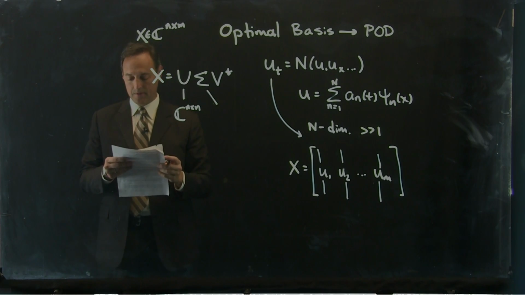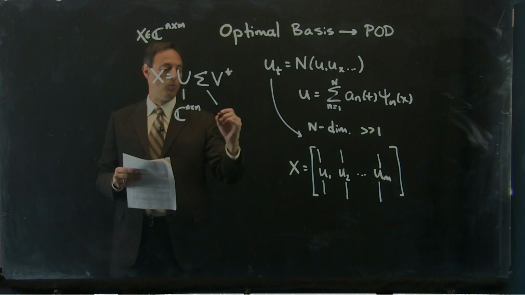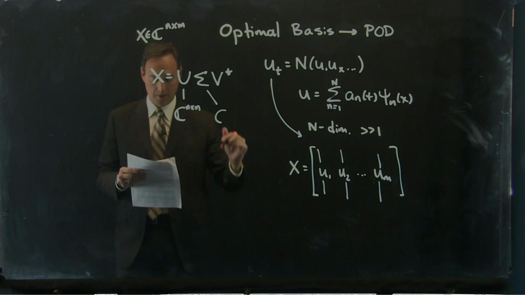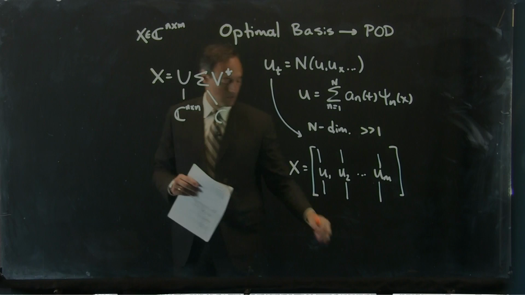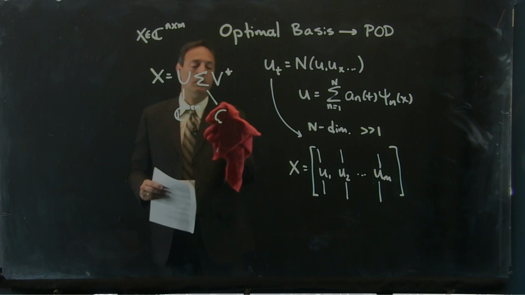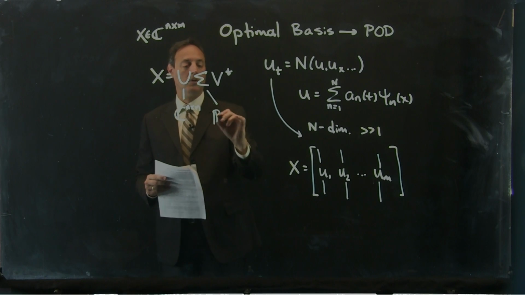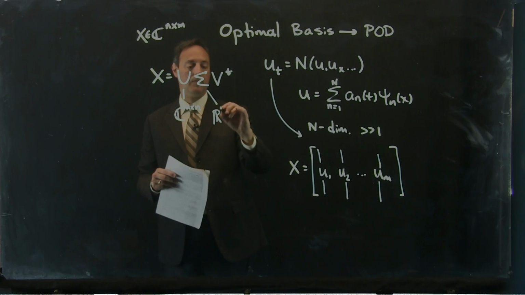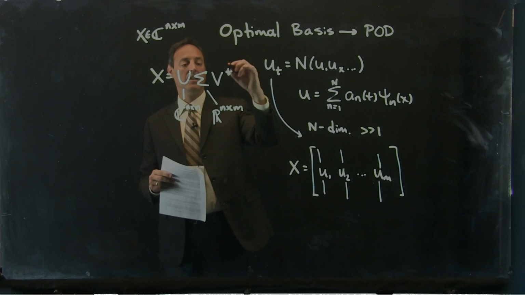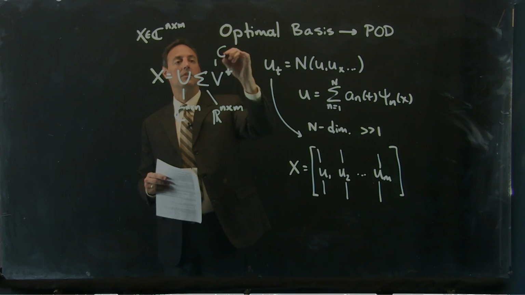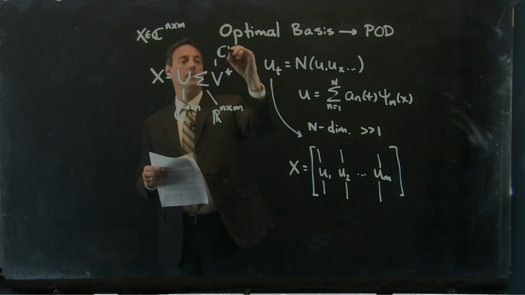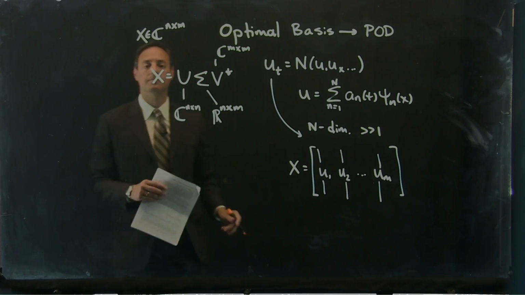Sigma matrix here, which is actually, sorry, I'm mistaken in the notes. It's reals, that is n by m, and then V itself, which is m by m.